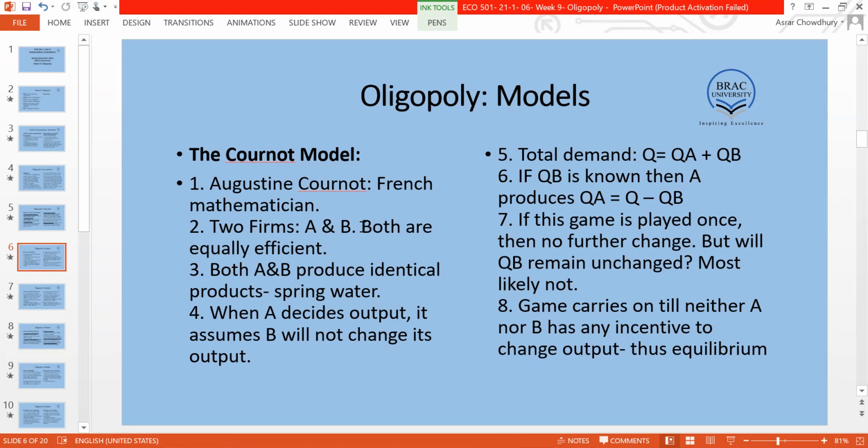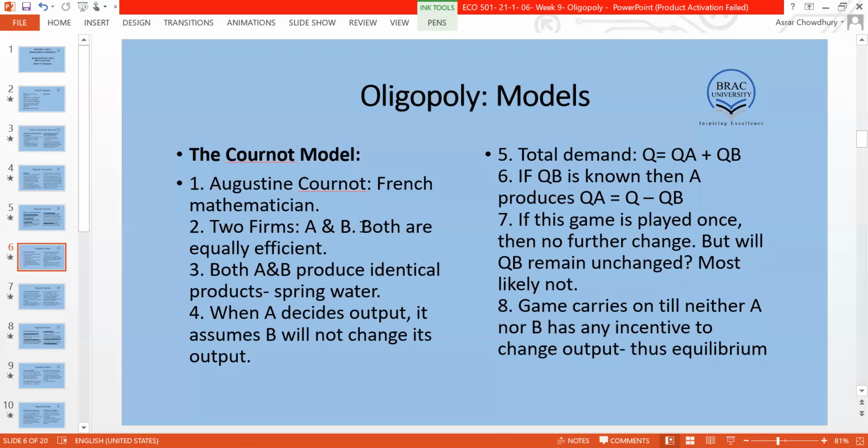No, sir. So he started off with the assumption that 2 sellers are selling mineral water or spring water, so they're selling the same item. If one seller charges a higher price, everybody will go to the other seller. So they're selling homogeneous products, although there are only 2 sellers.